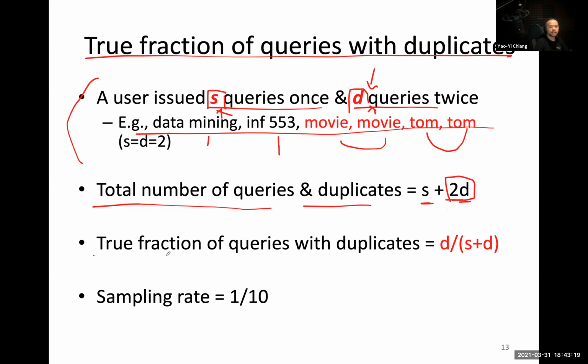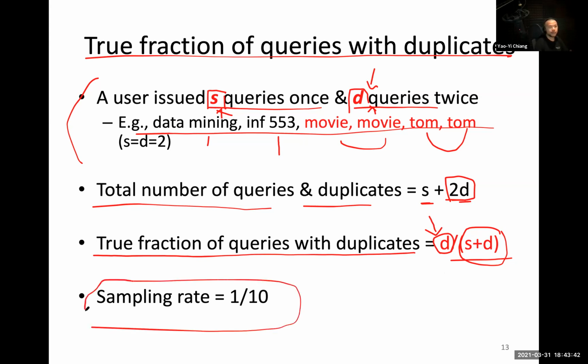The true fraction of queries that have duplicates is D divided by S plus D, right? That is, if you only look at unique queries, D is the number of unique queries that have duplicates in your data stream. And we want a sample rate of 1/10.